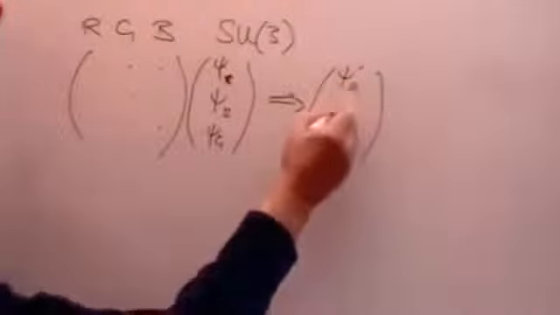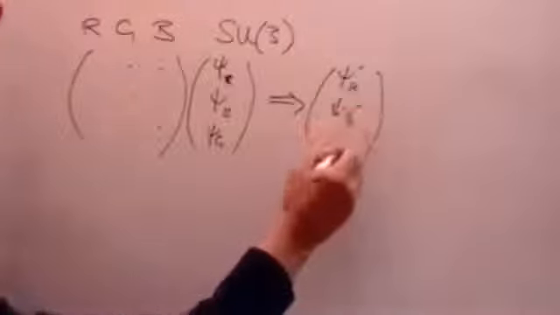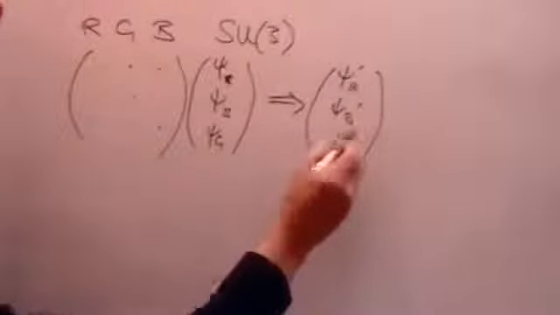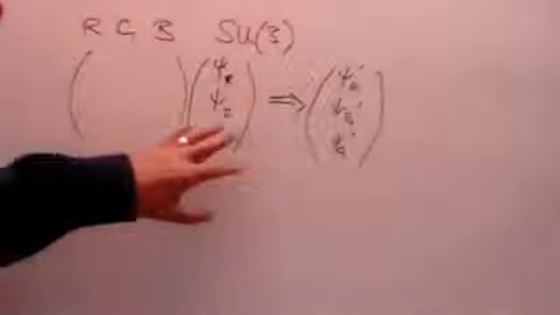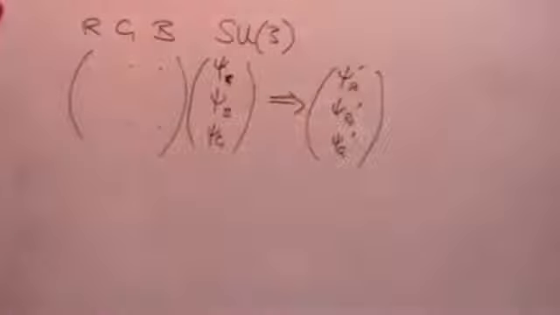So you will get the prime values of red, blue and green. So essentially what we're doing is we're taking the probability amplitudes and rotating them so that you are shifting between reds and blues and greens. And that's the SU3 operator, and that is responsible for the strong nuclear force.